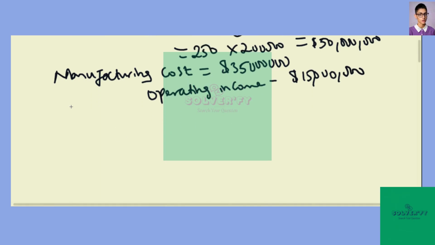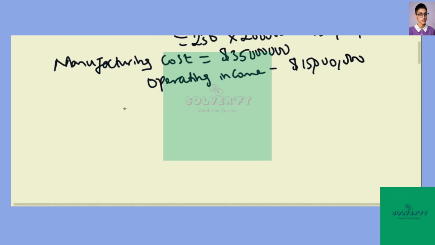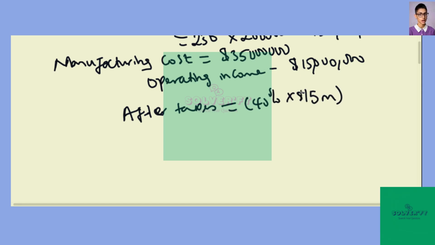And therefore the taxes would be 40% multiplied by 15 million, and this will give you taxes of 6 million.